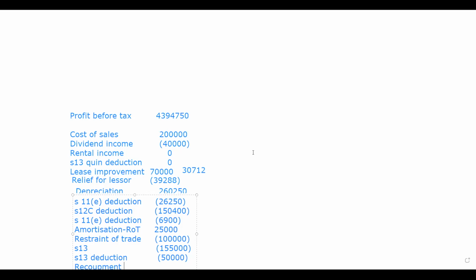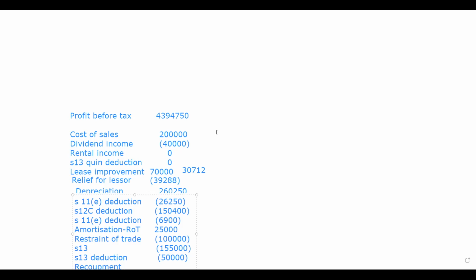Do you know why we are putting in that 3.1 million? It's because, like I told you, for that building this year was the last year for the allowances. So we claimed allowances for the entire period, right? So that's why we're putting in the entire amount.